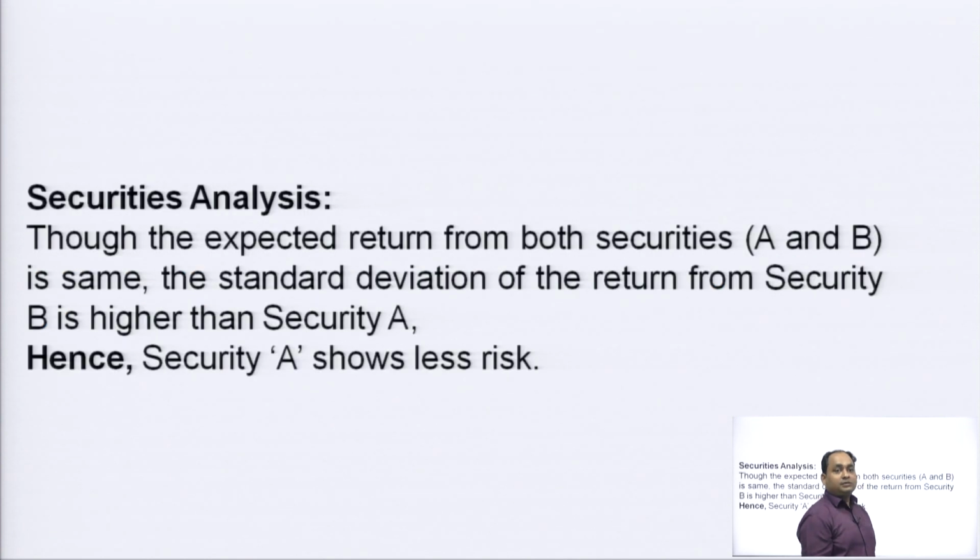Since the standard deviation of security B is higher than security A, security A shows less risk. So, this is the measurement of risk with the help of standard deviation.